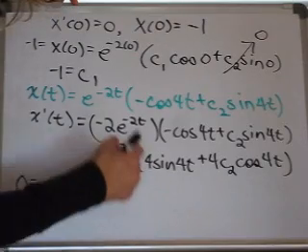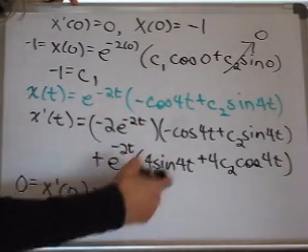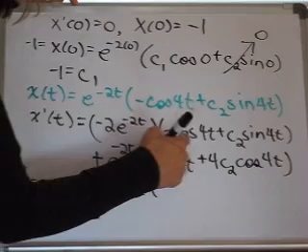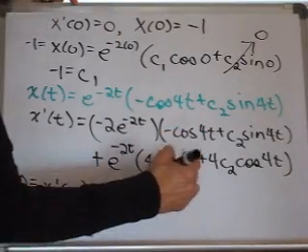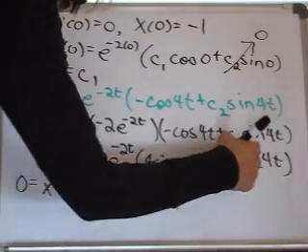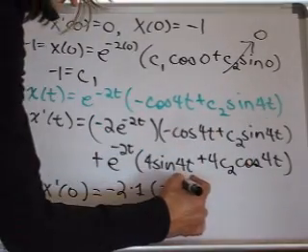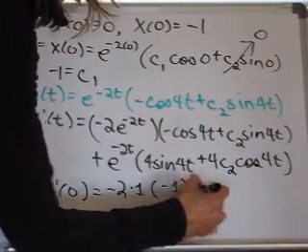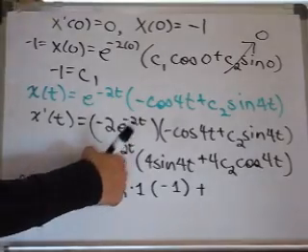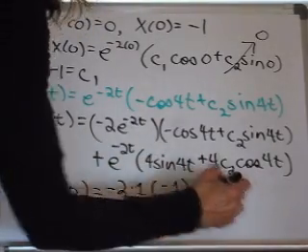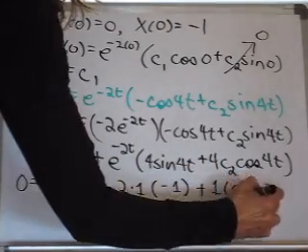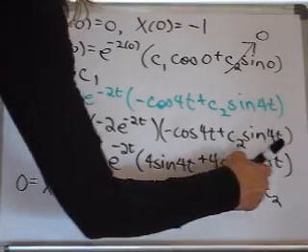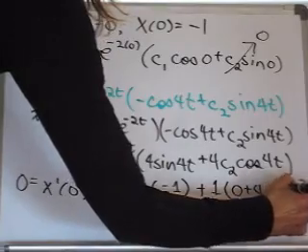I'm going to get negative 2 times e to the 0, which is 1, times negative cosine of 0, which is negative 1, plus c2 sine of 0, and sine of 0 is 0. So I get a 0 there. Plus e to the negative 2t is e to the 0, which is 1, times 4 times sine of 0 is 0, plus 4c2 cosine of 0 is 1.